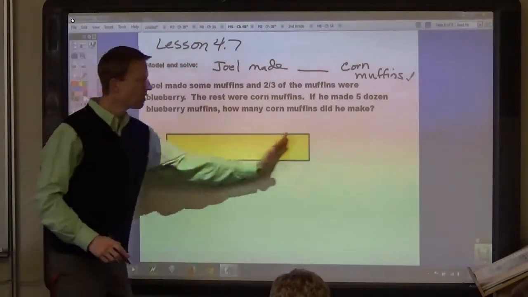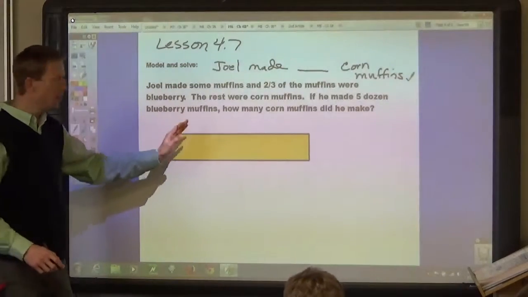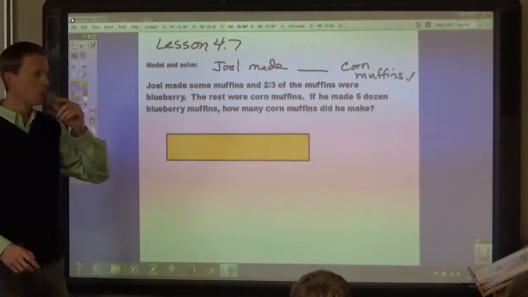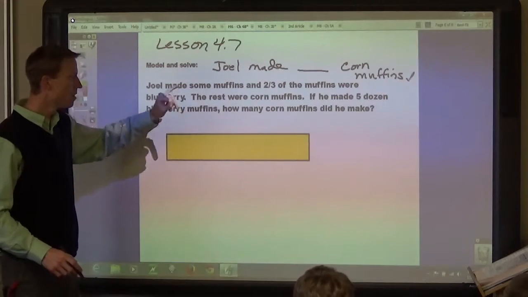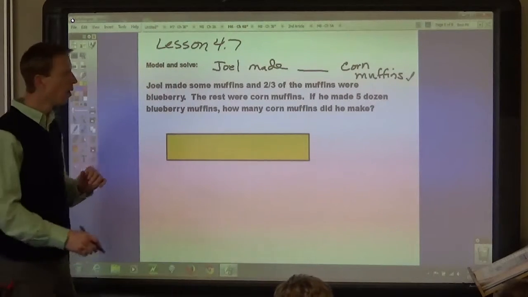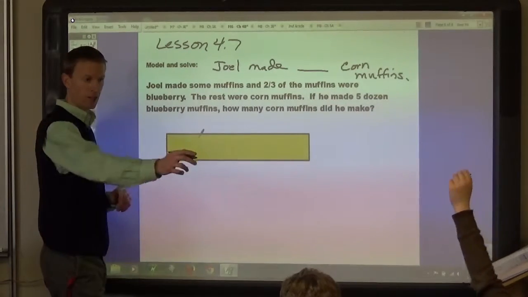So if this bar represents all of the muffins, how can we draw this out to show that he made some blueberry muffins and some corn muffins? Well, it's cut into what number? Thirds.